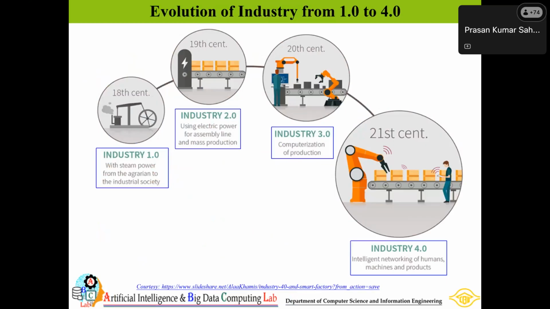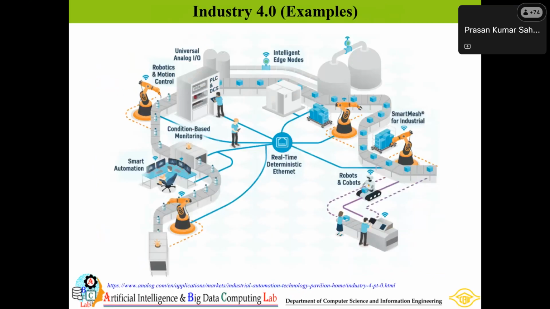I would like to mention here why, because IoT and cloud computing play a very important role in industry 4.0. So we can see in this example how the industrial devices are monitored in industry 4.0. It could be robots, smart automation, intelligent edge devices, or smart mesh for industrial applications.